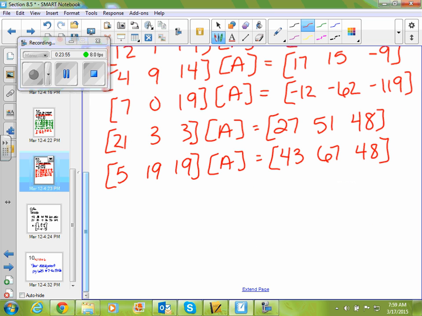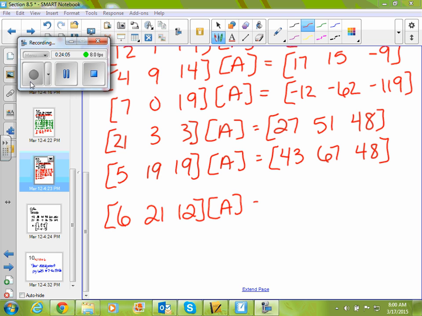And lastly, if I take my last matrix, which is 6, 21, and 12, times matrix A, I end up with an encoded matrix of 57, 111, 117.